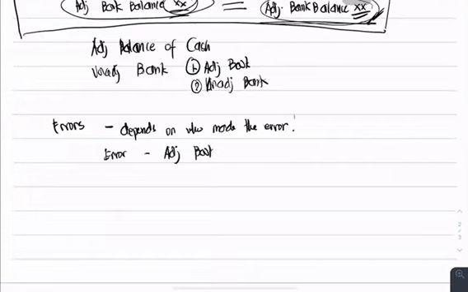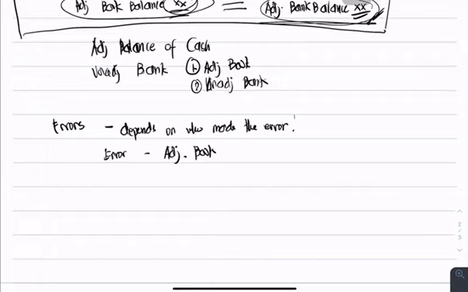If the error is made or done by the bank, then you adjust in the bank. Okay? So for errors, you just need to determine who made the error.